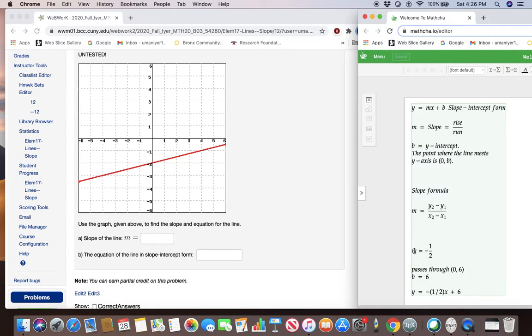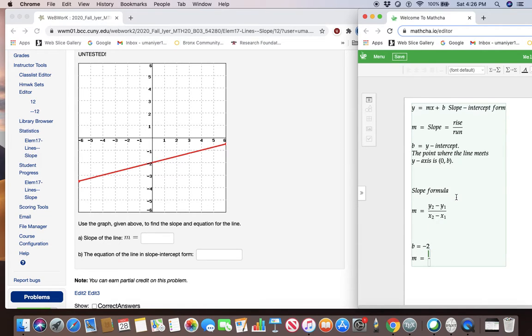So b is negative 2. Now we need to find the slope. So say I start from here. That's now a nice integral point. So I will use that point to go from here to here. I have a rise of 1 and a run of 4.